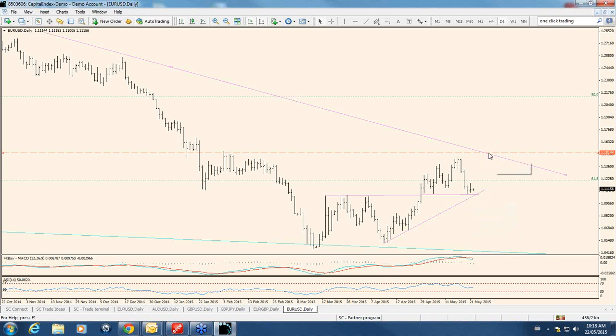We know we've got this horizontal resistance here, and we've got this trend line here, so if the price goes up, we are looking for it to maybe come here and then it will either break through and continue, or it will bounce back. It's possible that it won't go up. We never know what's going to happen.